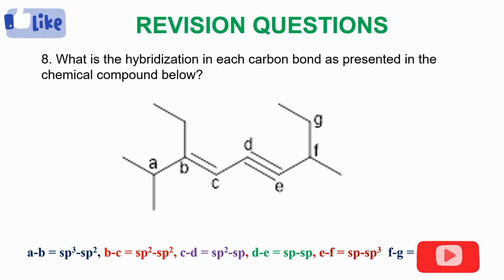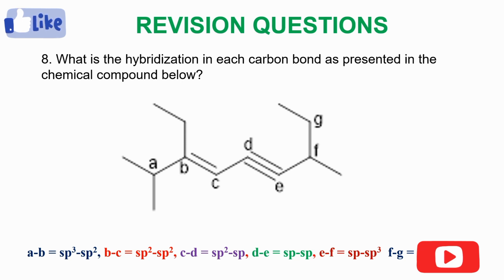Whenever you're given a question of carbon bond, the first thing you need to do is to go and indicate the individual hybridization of each of the carbon atoms in the compound. So if I'm giving this in exam, I will come and write under A, sp3, B, sp2, C, sp2, D, sp, E, sp, F, sp3, G, sp3.